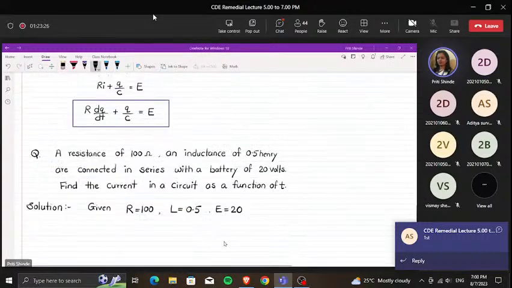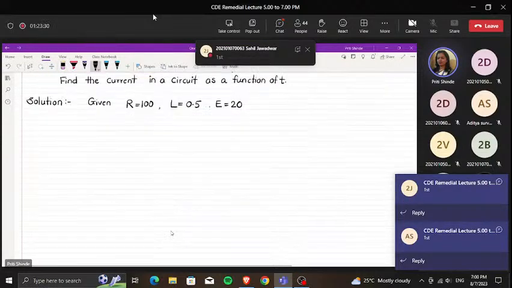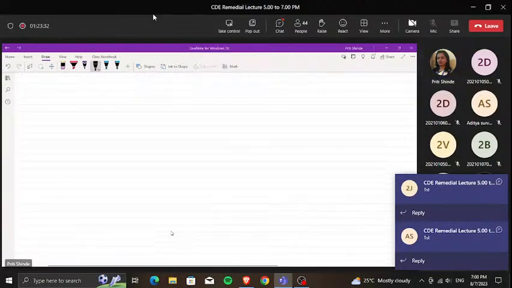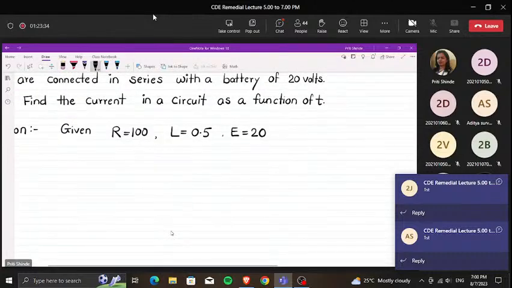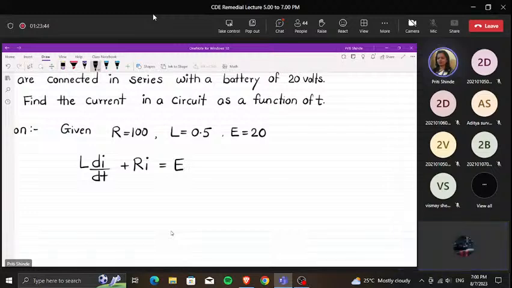So write down the differential equation. So the suitable differential equation is L di by dt plus Ri is equal to E. The circuit containing L and R, the differential equation is L di by dt plus Ri is equal to E.